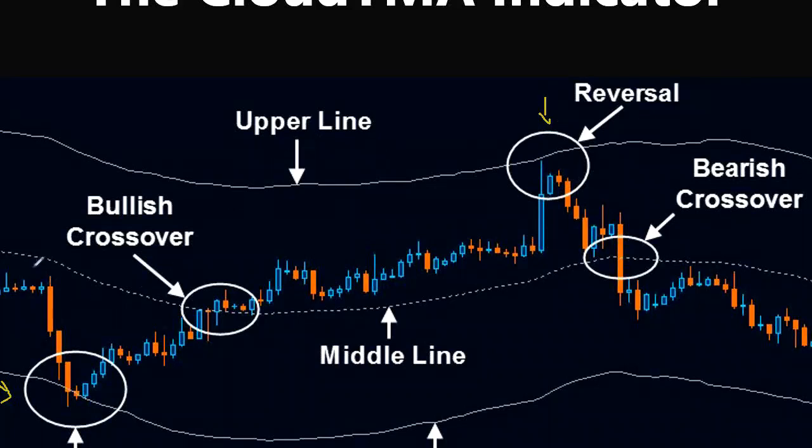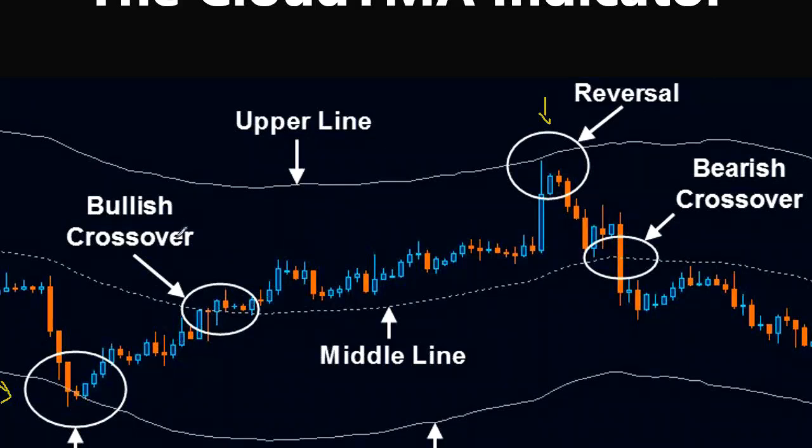And the other important feature of this indicator is that it has a dashed middle line here. And what we're looking for there is trend confirmation, trade confirmation as to whether to go long or short. Now, if price crosses over this middle line, that indicates a bullish move.